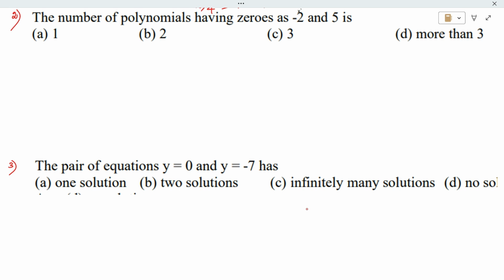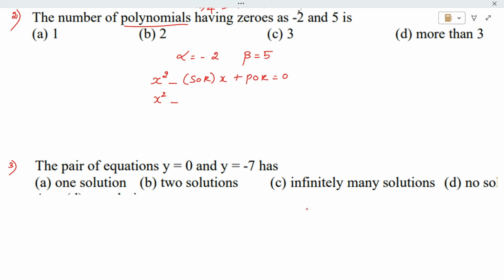Question number 2, how many polynomials can be made with the zeros as minus 2 and 5. So if alpha is equal to minus 2, beta is equal to 5, you know the polynomial can be formed using the formula x square minus sum of the roots into x plus product of the roots is equal to 0, isn't it?